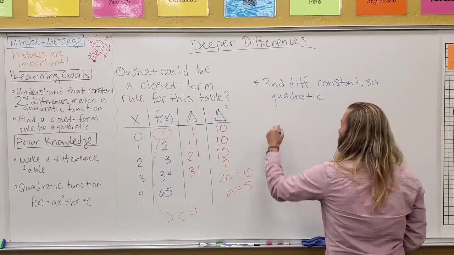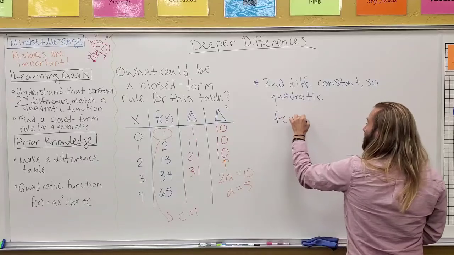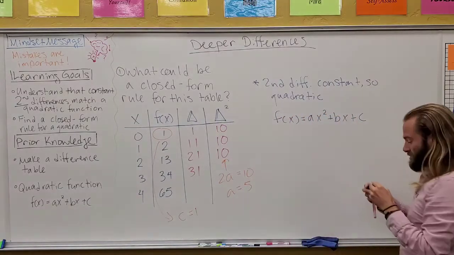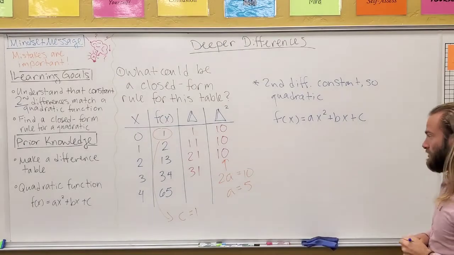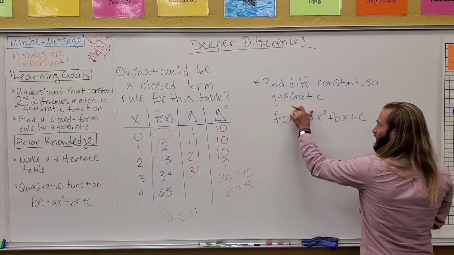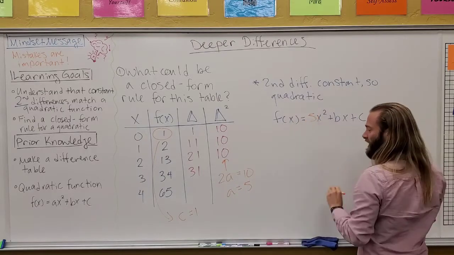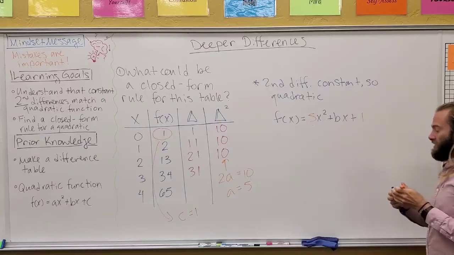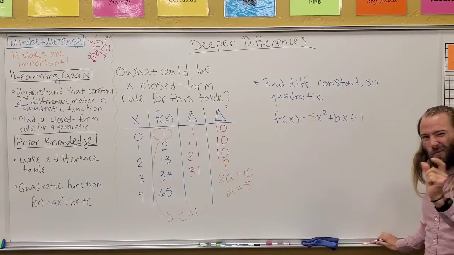And so because we know it must be quadratic, we know that f of x equals ax squared plus bx plus c must be the formula we use. But since we figured out that our specific a value here is 5, and our specific c value here is 1, this is really nice, because we're almost done.